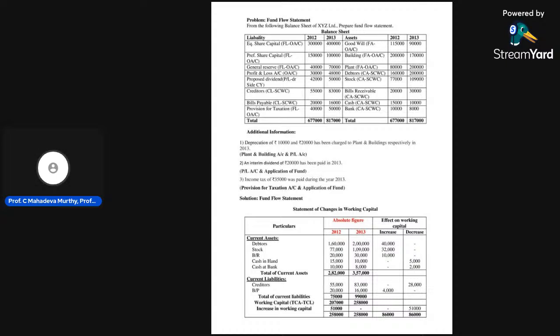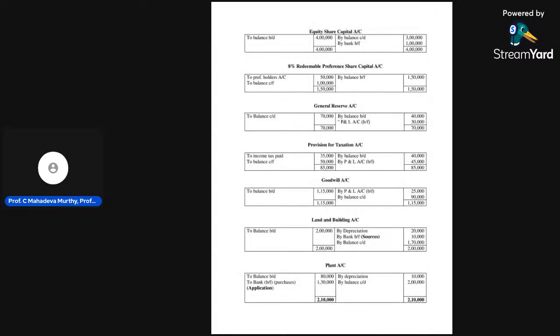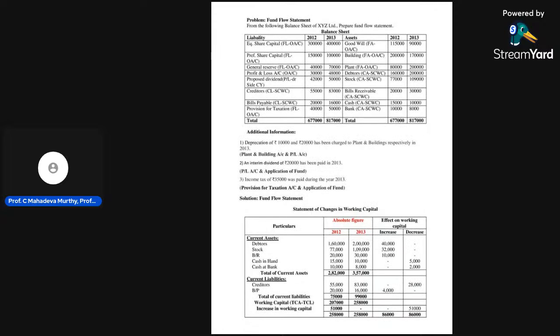Then current assets minus current liability. Working capital is equal to total current assets, TCA, minus total current liability. That is 2,82,000 total current assets minus 75,000 is equal to 2,07,000.